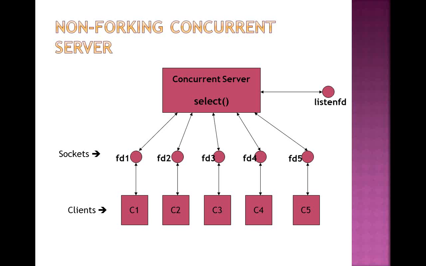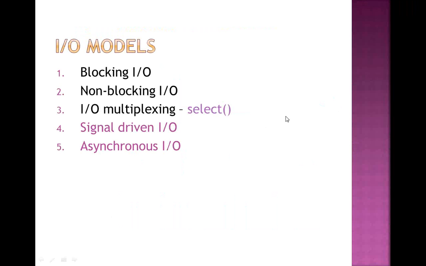At the lowest bar there are different clients, C1, C2, C3, C4, C5. There are different sockets like FD1, FD2, FD3, FD4, FD5, and there is only one server. That server is using the function known as the select function. Then there is a listen FD that is used for listening with the server. So for everything there are different file descriptors.